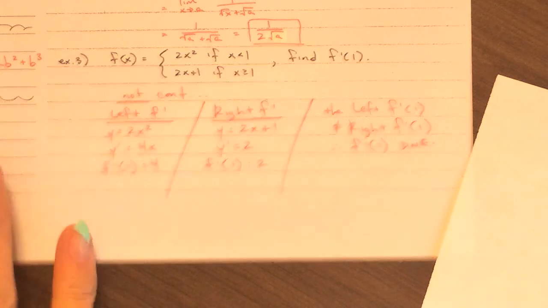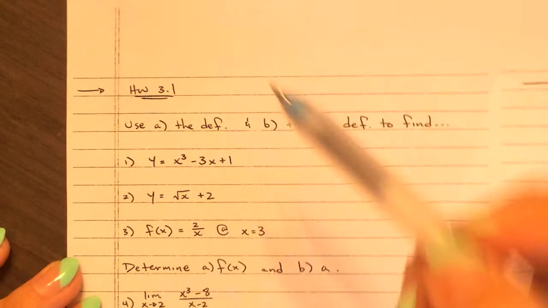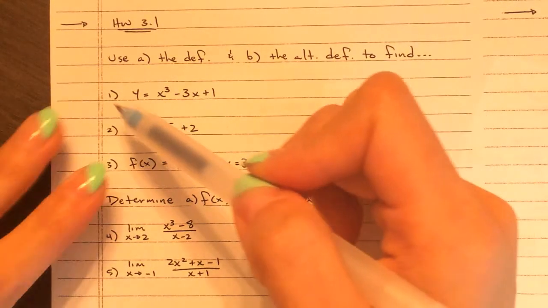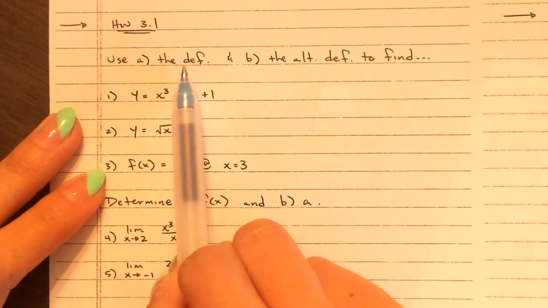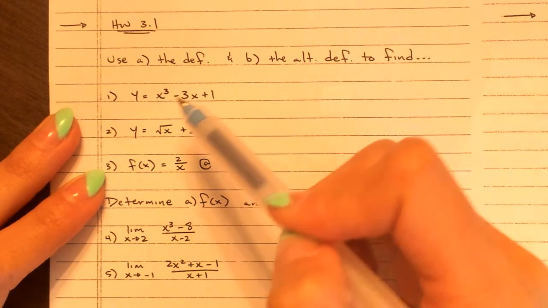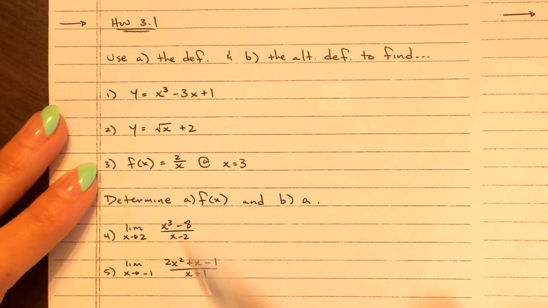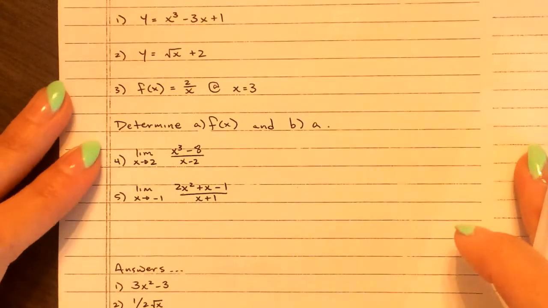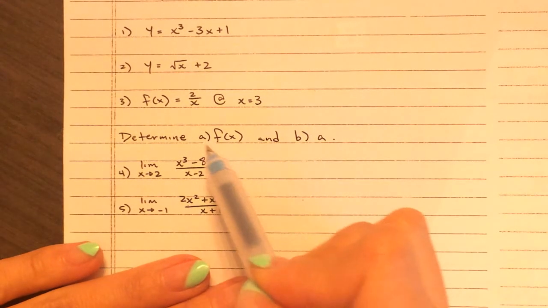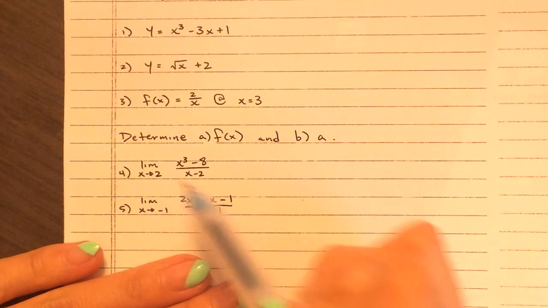Okay? All right, on the back of these notes, this is your first homework for tonight. So all you have to do, there are 1, 2, 3 questions where you have to do an A and a B. So you have to find the derivative 2 ways. So that's 1, 2, 3, 4, 5, 6 questions for here. And then for these 2, you're given some sort of slope already.